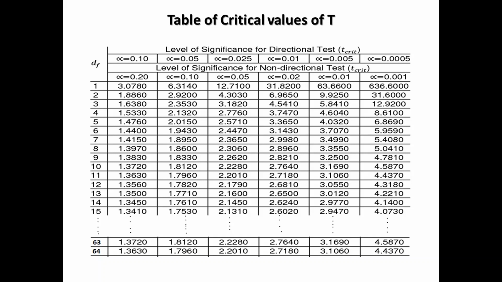These are different values of tabulated t, in different levels of significance and different degrees of freedom. Here the vertical column, df on the left, df 1, 2, 3, 4, 5, 15 and up to 64. So we have degree of freedom and level of significance. For each level of significance and a specific degree of freedom, there is a tabulated value.